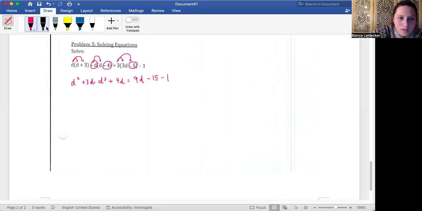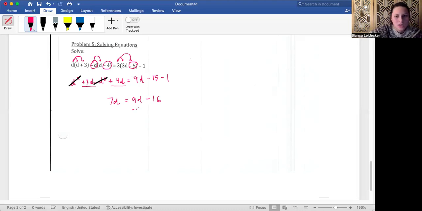When I look at this, I can see I've got a set of terms I can cancel because I've got a d squared minus d squared. Then I can look at my 3d plus 4d, making it 7d equals 9d. I'm going to work this out, negative 16.